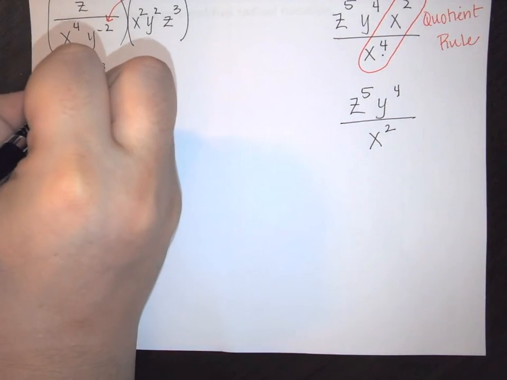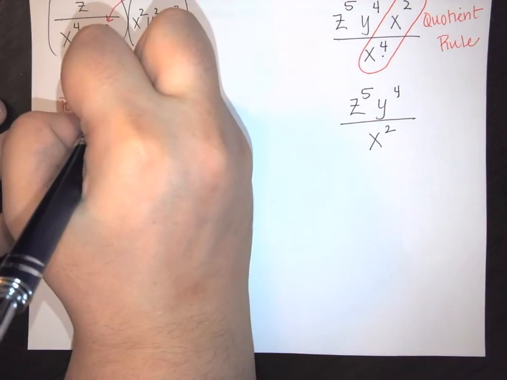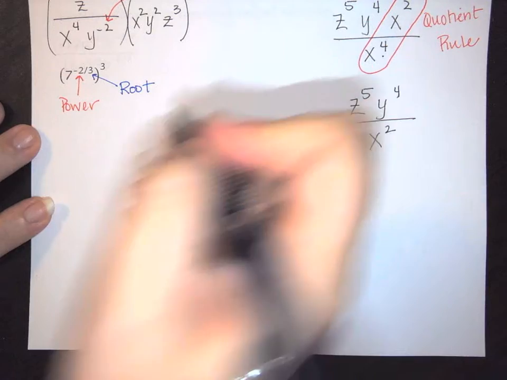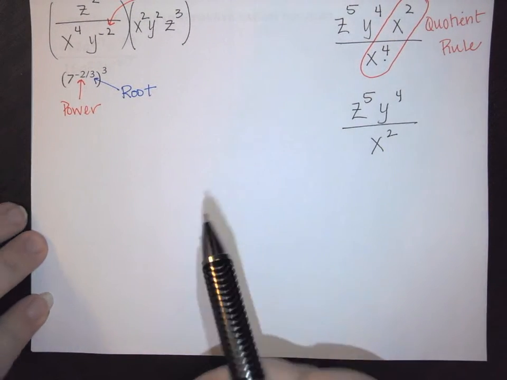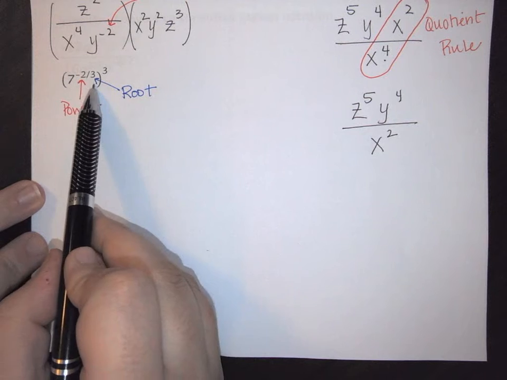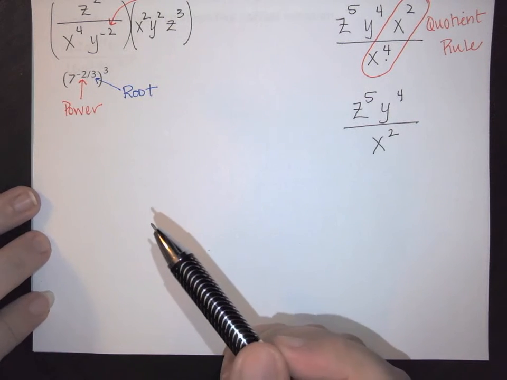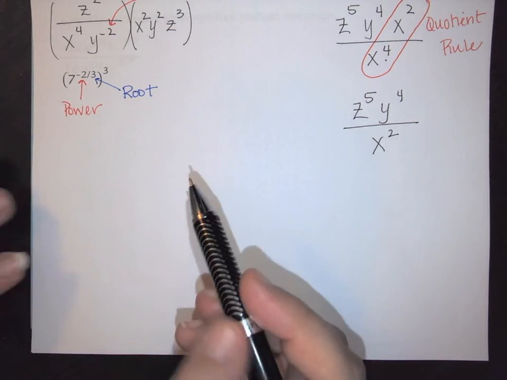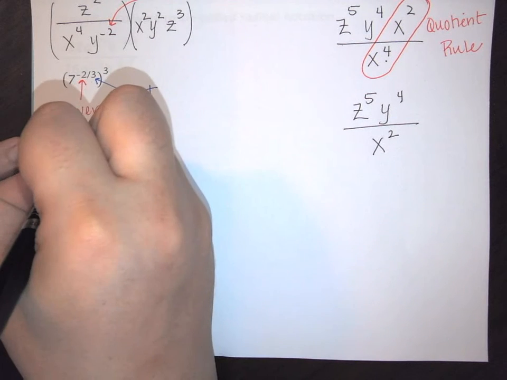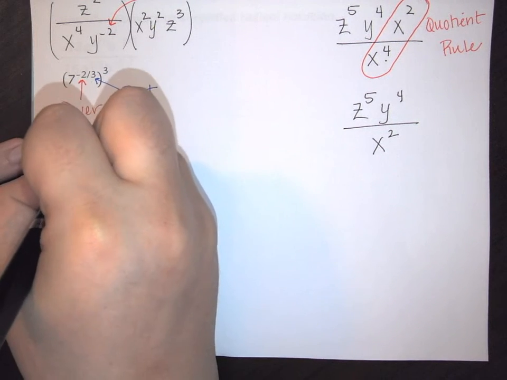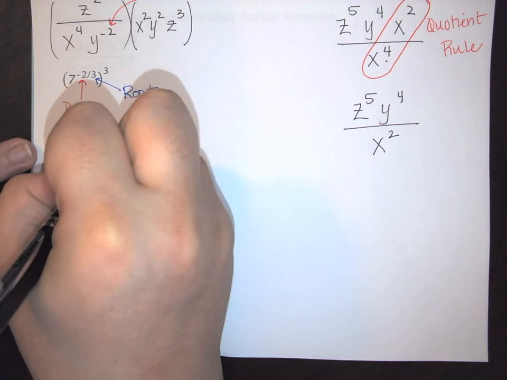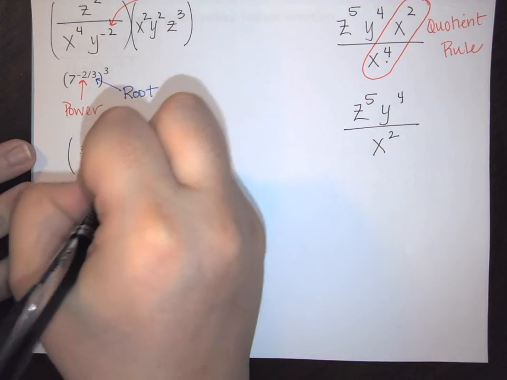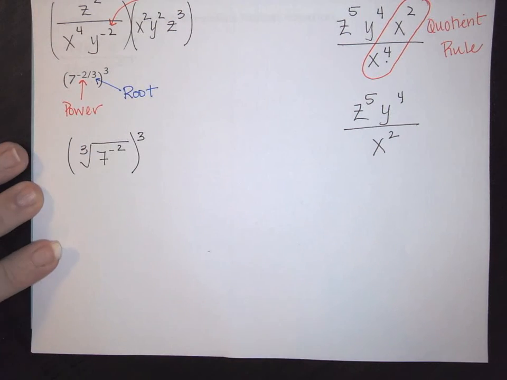Your denominator here is your root. Root meaning square root. So before we do anything, we have to rewrite our rational using the appropriate information. So this is the cubed root, so we're going to have the cubed root, and this is going to be 7 to the negative 2, and then the whole thing is cubed.